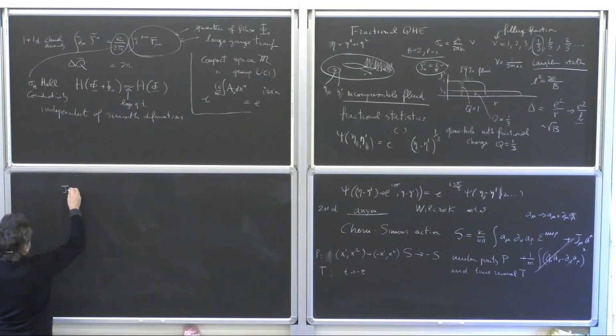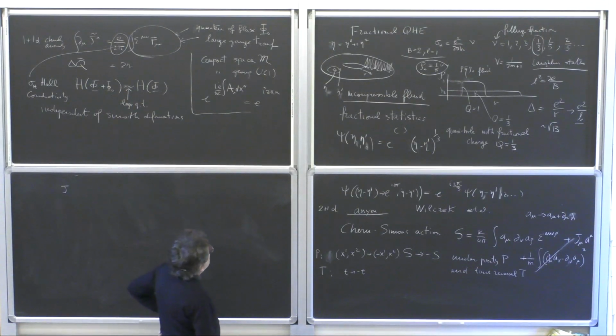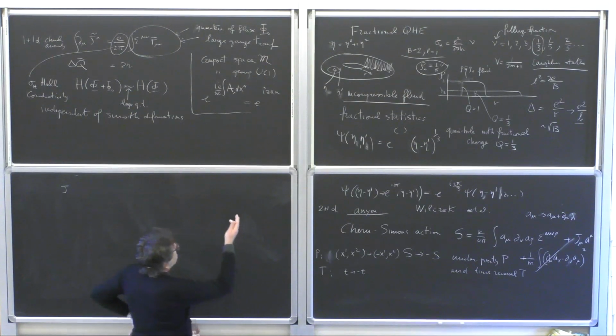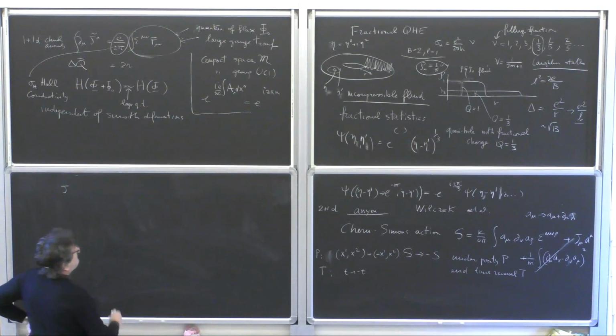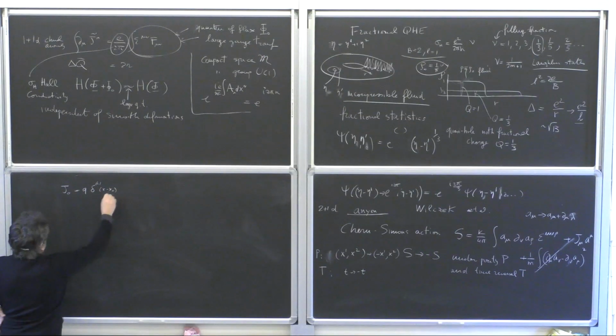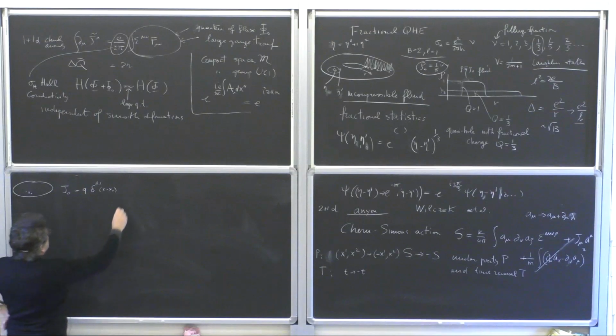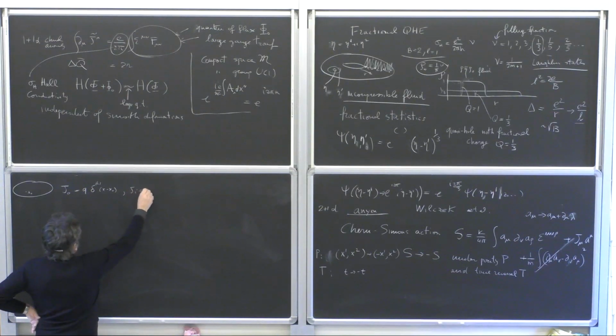You put the test particle somewhere, which could be the quasi-particle or the quasi-hole. If it is static, then J0 is just the charge. So you put the charge in the fluid at point x0, static. That's going to be the current.